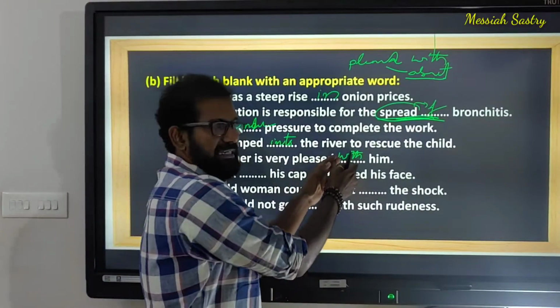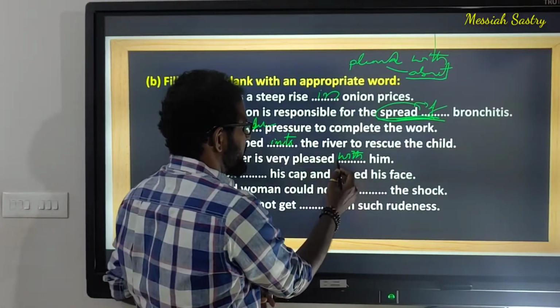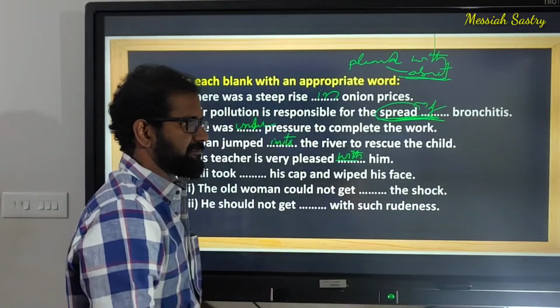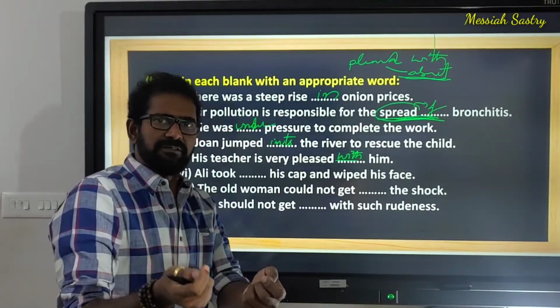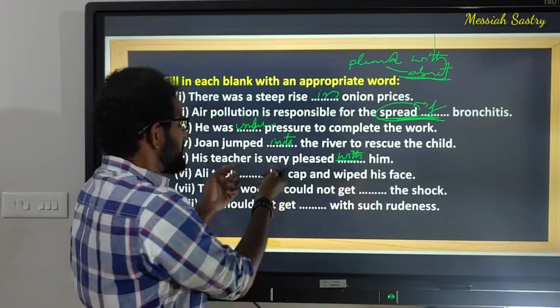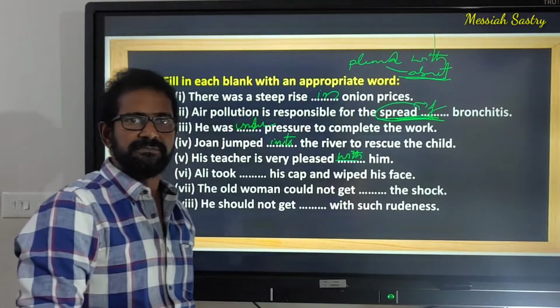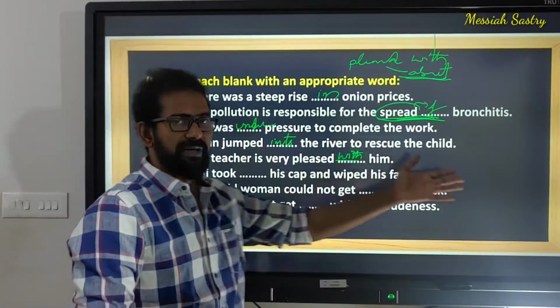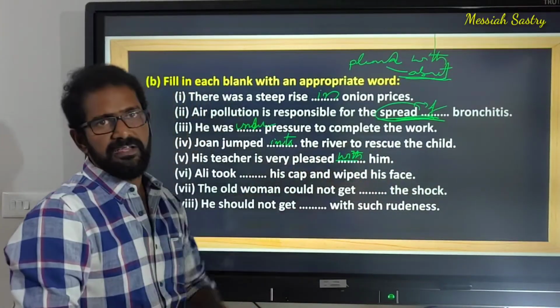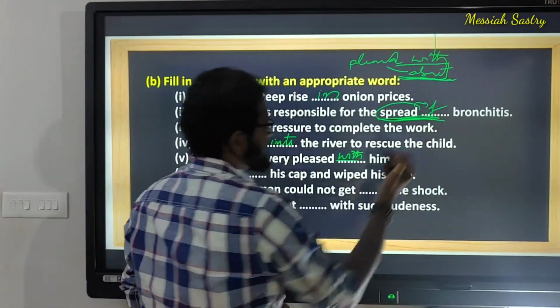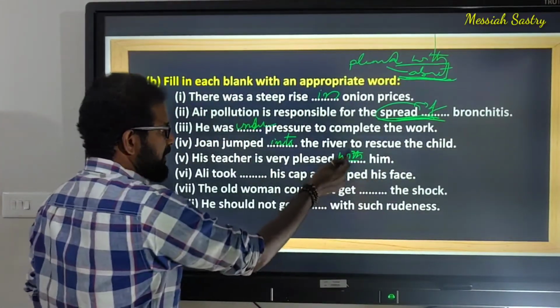Where we are very actively interested, we use with, if not, about. Somebody came to give a wedding card. I am pleased about your marriage. So that's the difference between pleased with and pleased about. So here, pleased with.